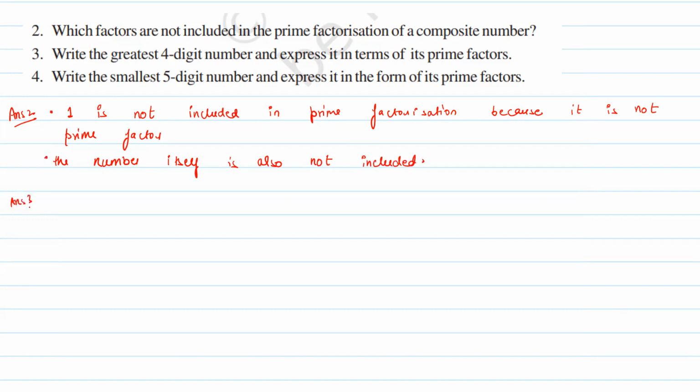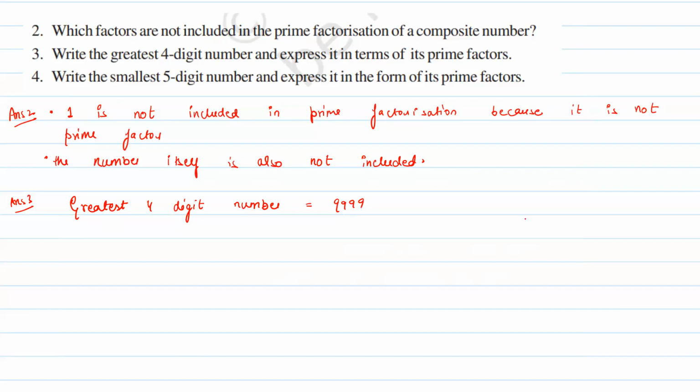Then question 3 says, write the greatest 4-digit number and express it in terms of its prime factors. The greatest 4-digit number is 9999. Now you can do it by the factor tree method or by the prime factorization method, any.